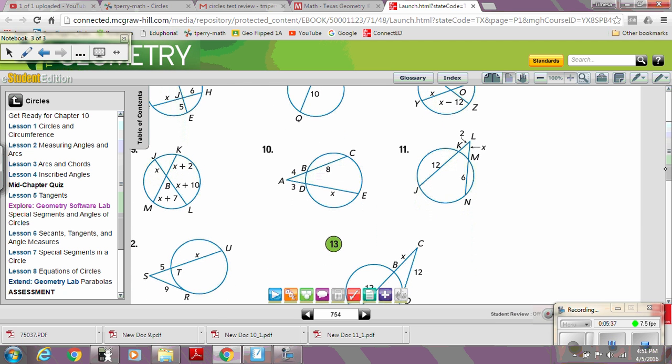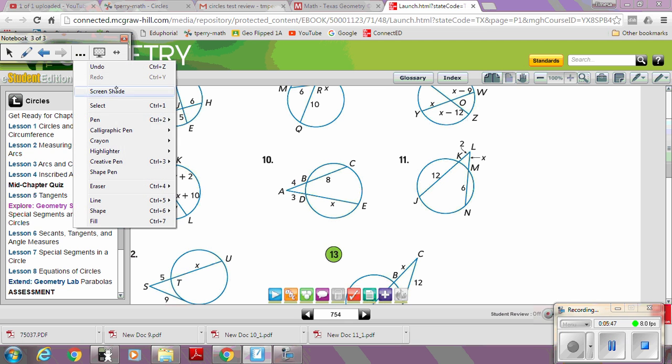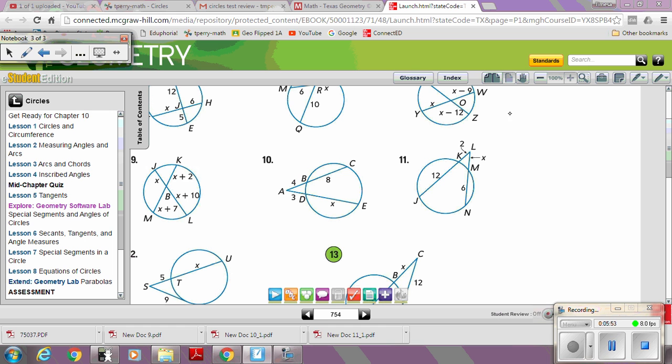Number 9 is another example of 10.15. Part times part is equal to part times part. In this case, it would be JB together with BL is equivalent to KB together with BM.